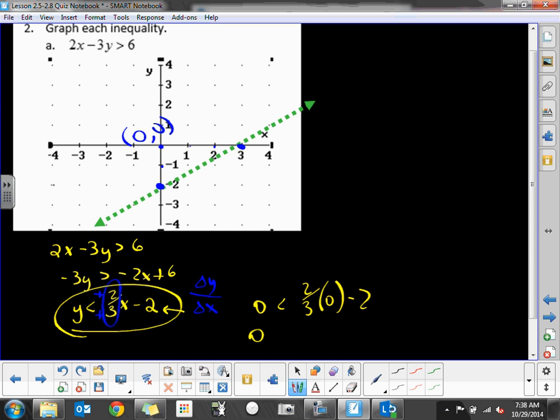And is 0 less than negative 2? 0 is not less than negative 2, so that's a false statement, so we want to be shading on the bottom side again. So either method that you choose will work just fine. Pick the method that's most comfortable for you. I think it's good to have some flexibility to be able to do both.